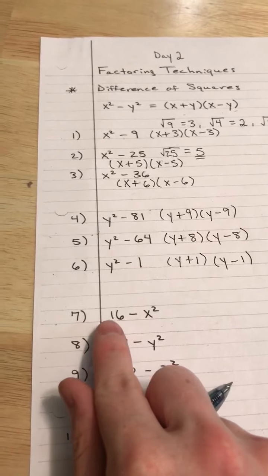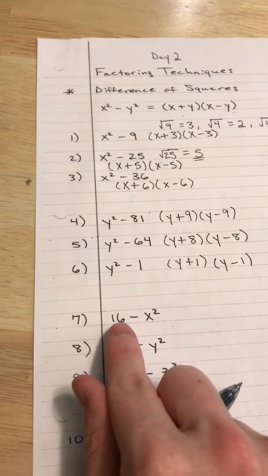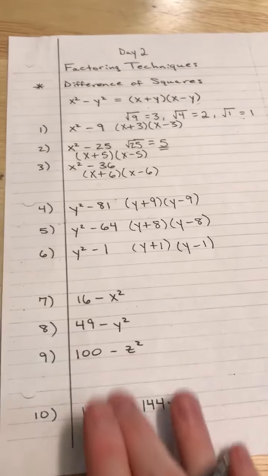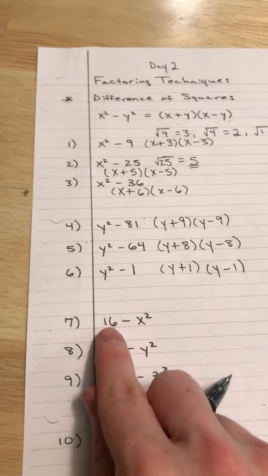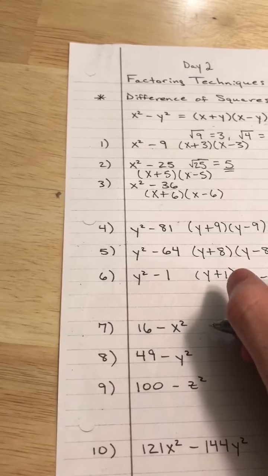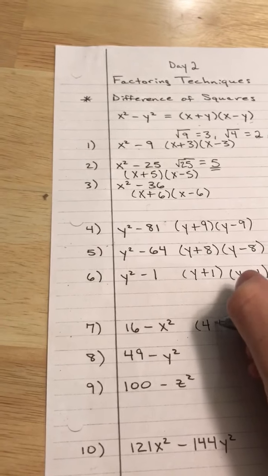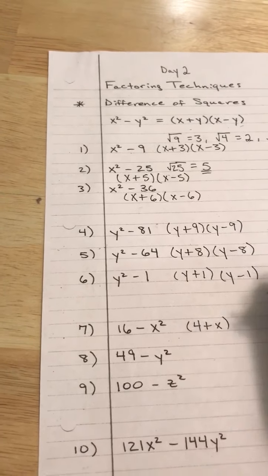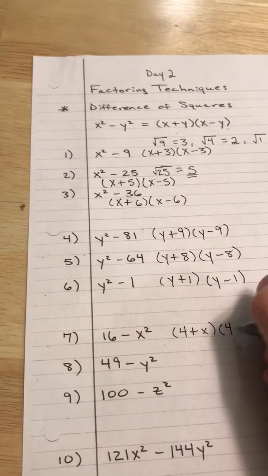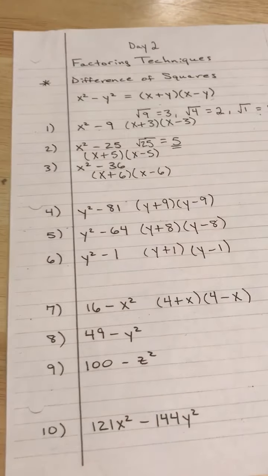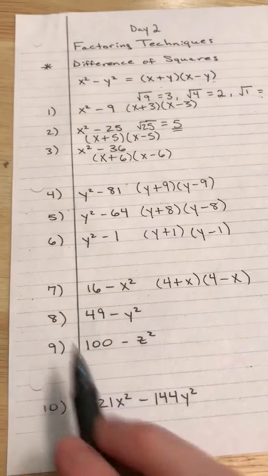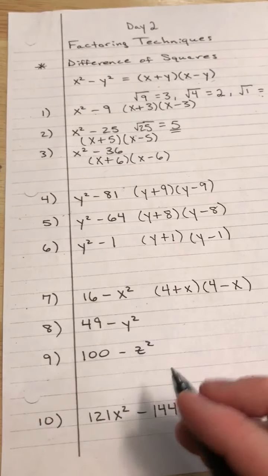And the last 4, let's go ahead and try these real quick. The number is going to come first in these. That's the only thing that's different about these at the bottom. The number is going to come first. So I know the square root of 16 is going to give me 4. So that's going to be 4 plus x and 4 minus x. See how I always have that plus and that minus? That's going to be the same for all these problems, even if the number does come first for this one.